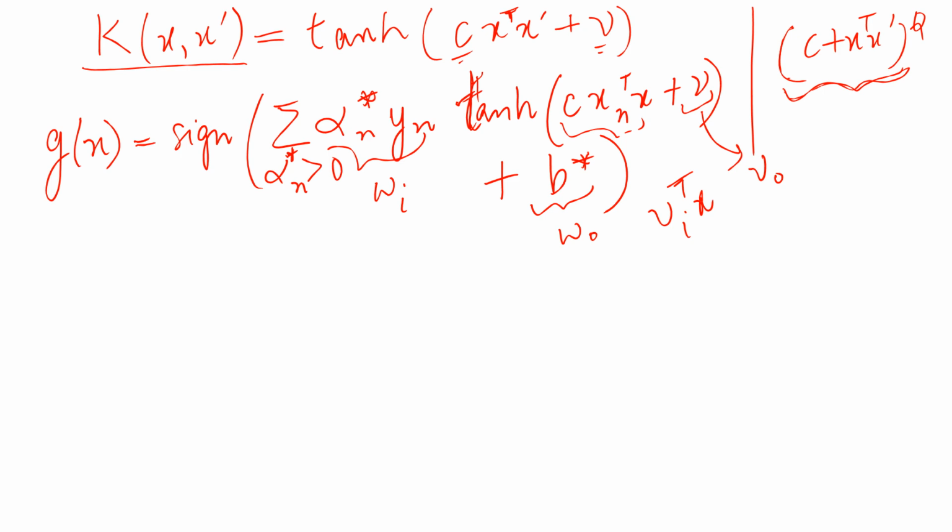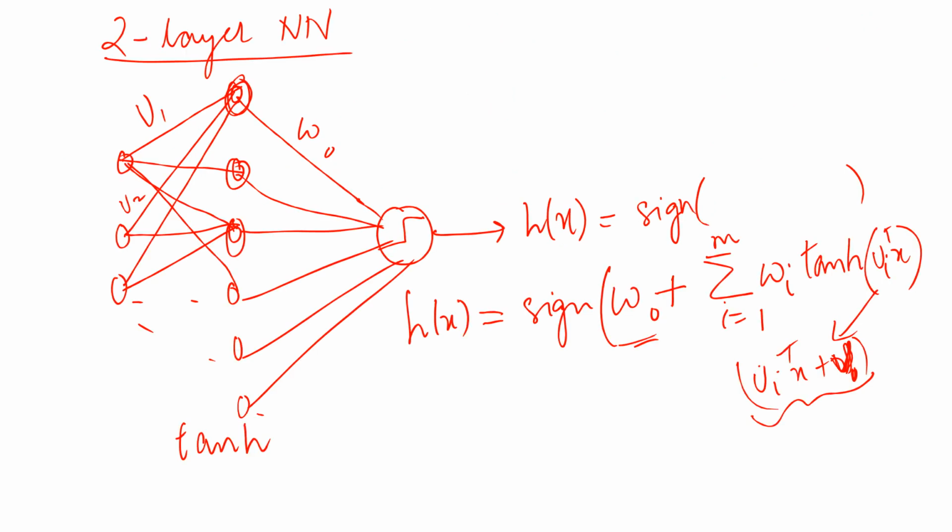So essentially in my neural network, if we go back and see, these v i's are the ones that we tune. And then M also has to be fixed. M is the number of nodes here.